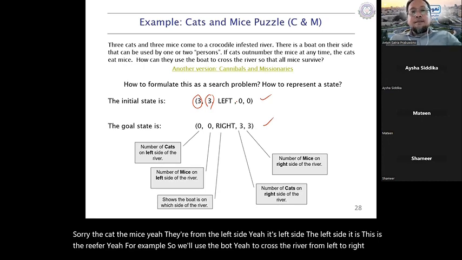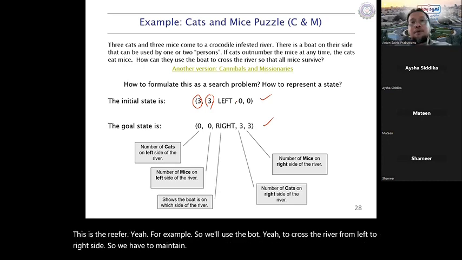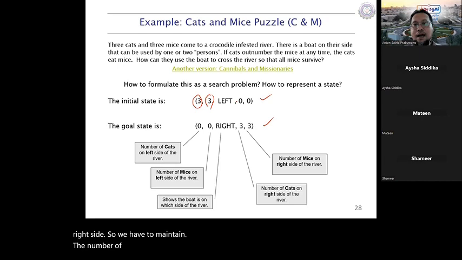So we have to maintain the number of the mice, because if the cats outnumber the mice, then the cats will eat the mice. That is the thing.